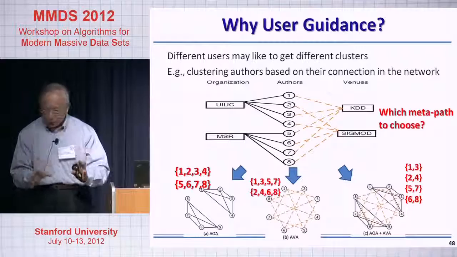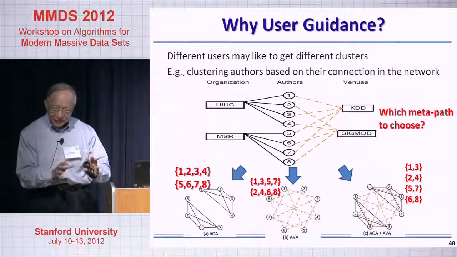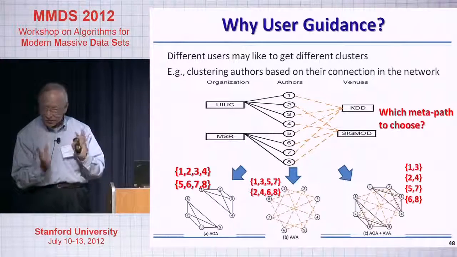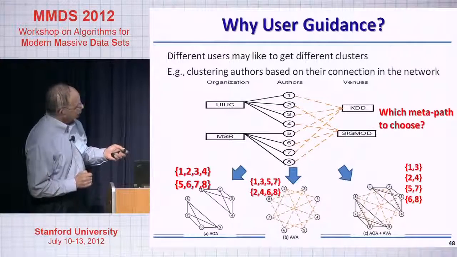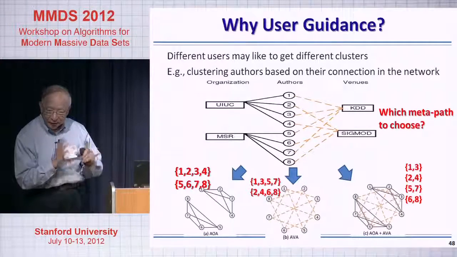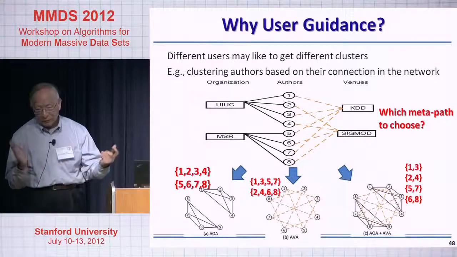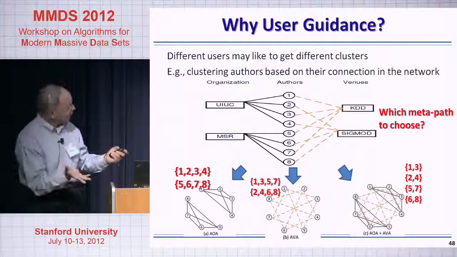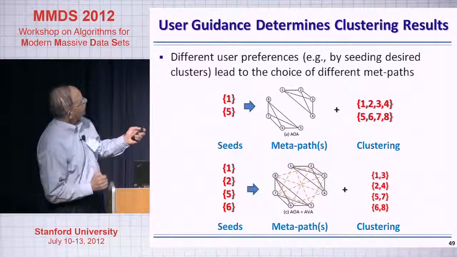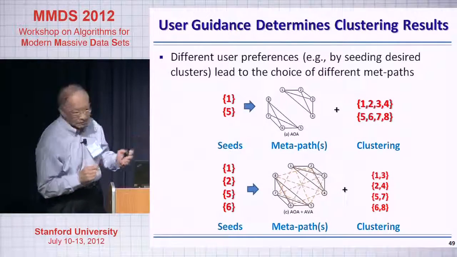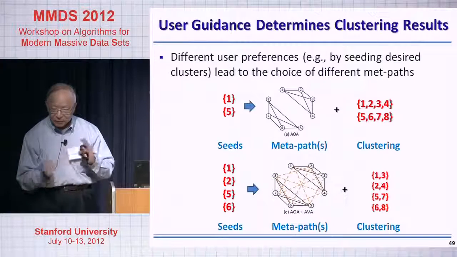Say who and who is a must-link or cannot-link, this semi-supervised idea. That means if you give me certain seeds, I can immediately know which metapaths to use, and probably give you better ones, more coherent with the seeds. If I give you a seed, say 1 is a cluster and 5 is a cluster, I don't have to give you all of them, just these 2.